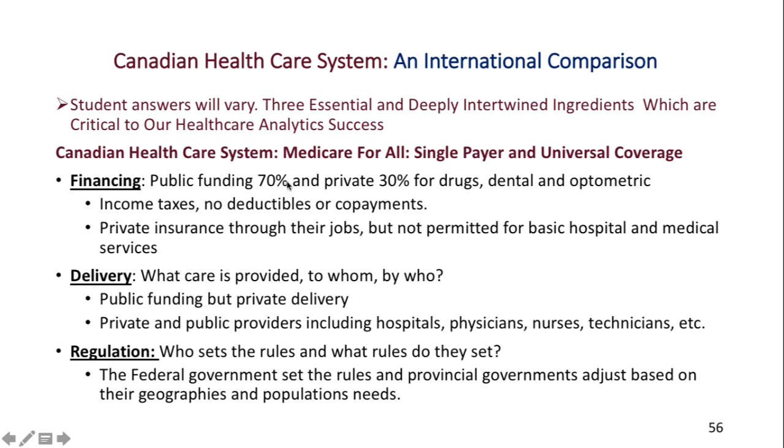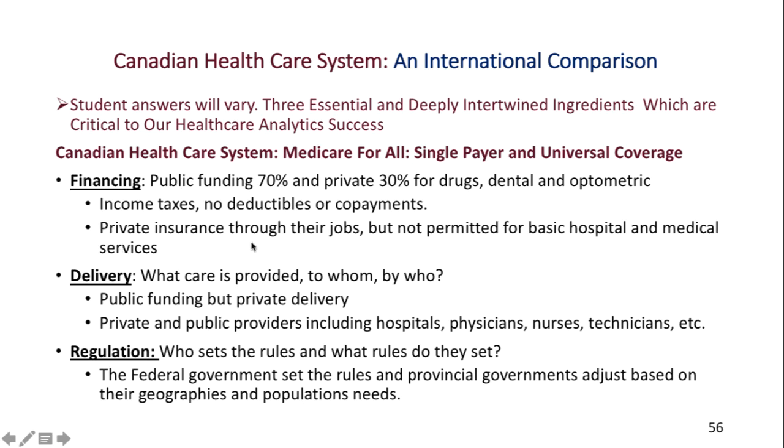So the 70% is for primary medical care such as outpatient and inpatient, and the 30% is basically from private insurance for drugs, dental, and optometrics. Now, the financing is from income taxes. There is no deductible. There is no co-payment for the main primary care and hospital and outpatient services.